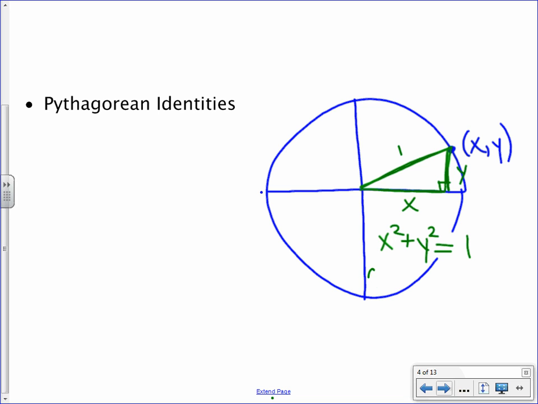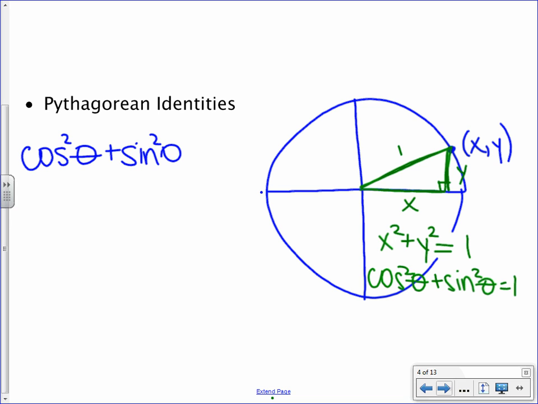The cosine of our angle. The y in our unit circle, what does it represent? The sine of our angle. So our Pythagorean identity: cosine squared plus sine squared equals 1.